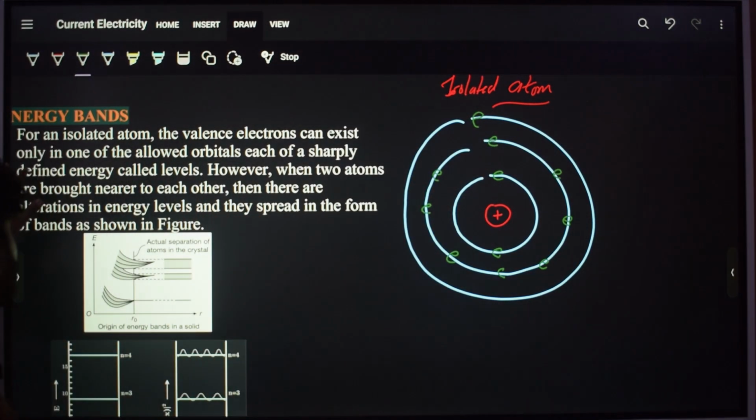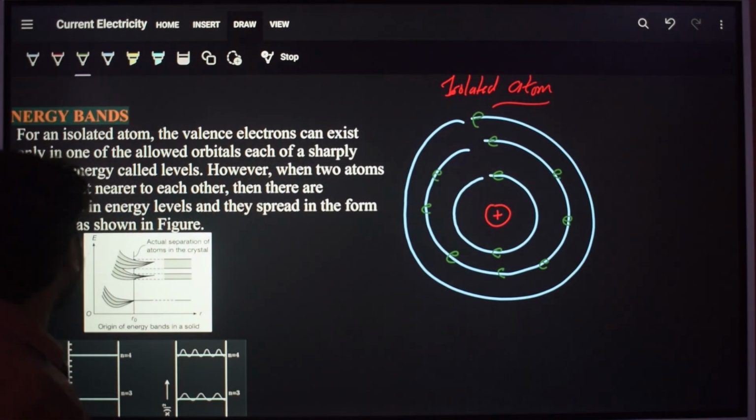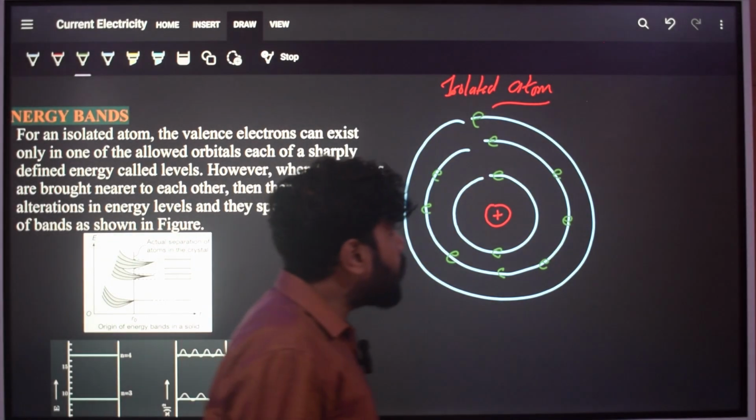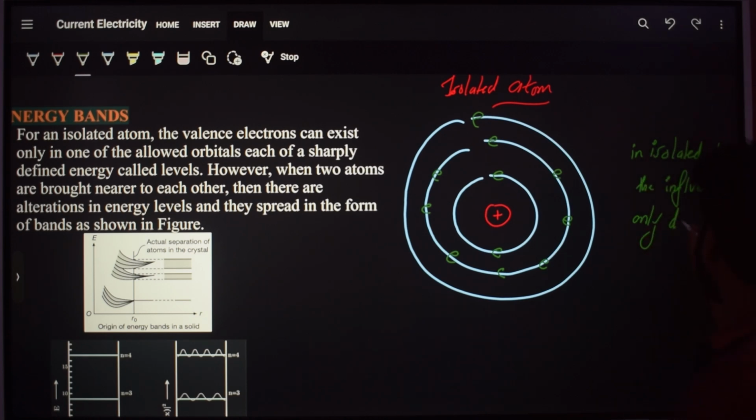Here you can see I have written the same thing: for an isolated atom, the valence electron can exist only in one of the allowed orbitals which offer sharply defined energy, called energy levels, because in an isolated atom the influence is only due to one nucleus.